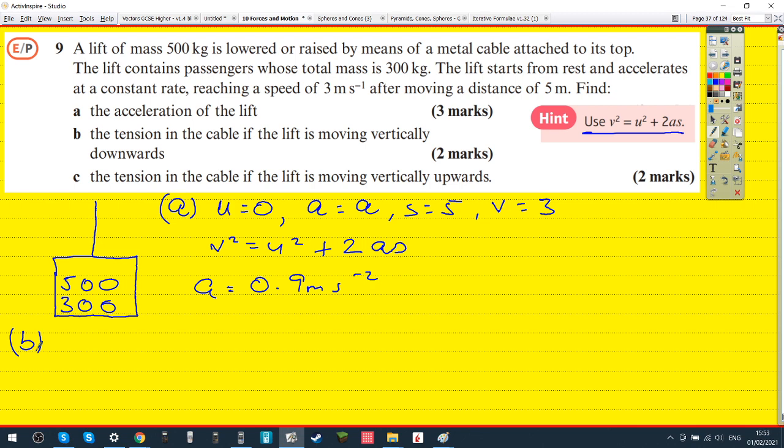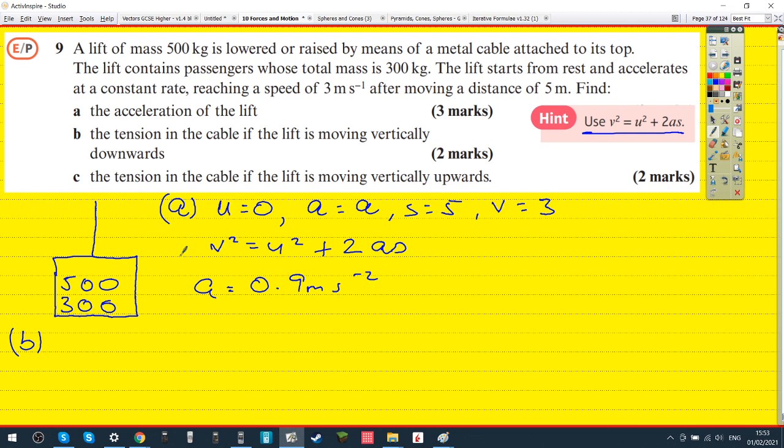Okay, if the lift is moving vertically downwards. Is tension a force? Yep. So we're now just doing 0.9 times 800. Let me think about this.